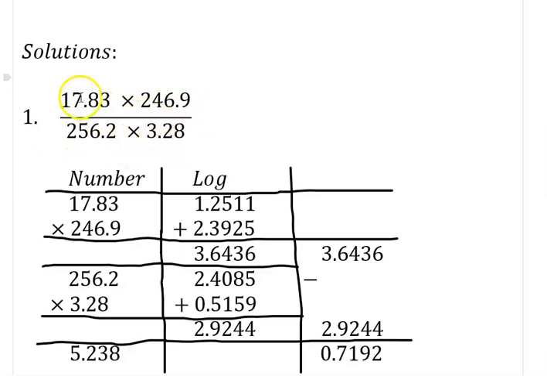Now these are the numbers. Let's deal with what we have up here at the numerator first. Let's start with 17.83 times 246.9. Now if you are using a logarithm table, this is the first thing you consider.